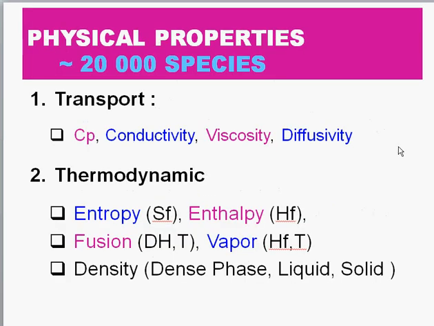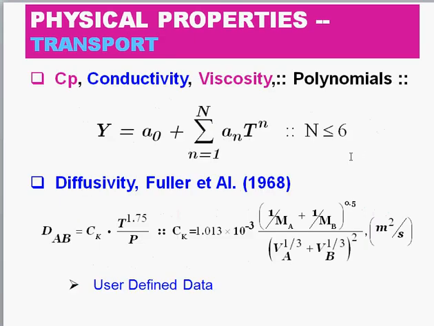So for the physical properties that we said earlier, there are more than 20,000 data for species, and those are transport type and thermodynamic types of data. As far as transport types of data are concerned, we have CP, conductivity, viscosity. They are supplied in the form of polynomials with up to 7 coefficients.